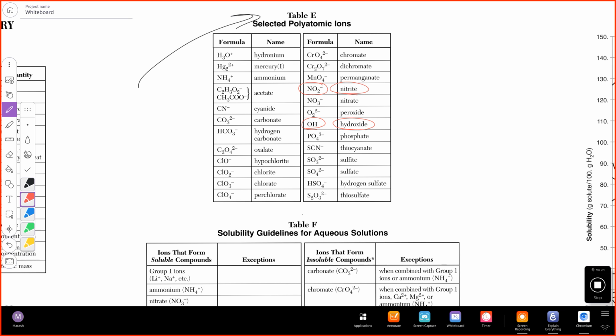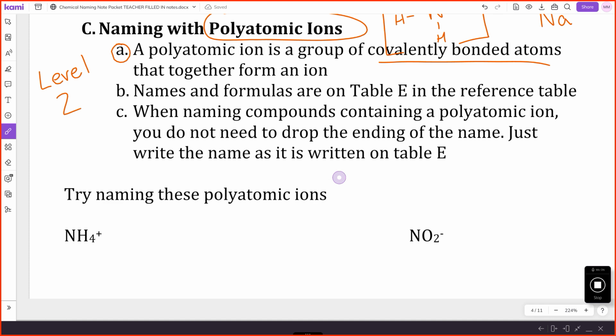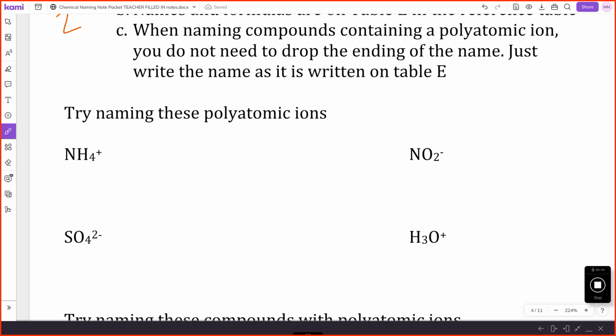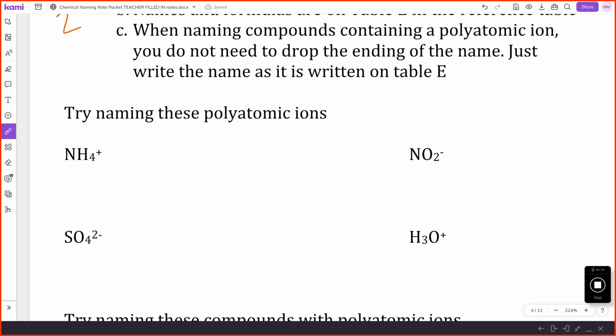So, back to the screen, we can just go through and name these polyatomic ions just from table E. NH4. You know what might be easier? Let's try this. You're seeing a world premiere here.